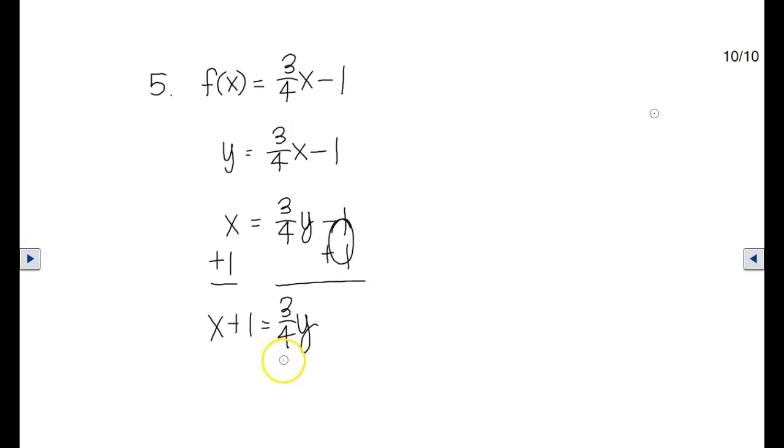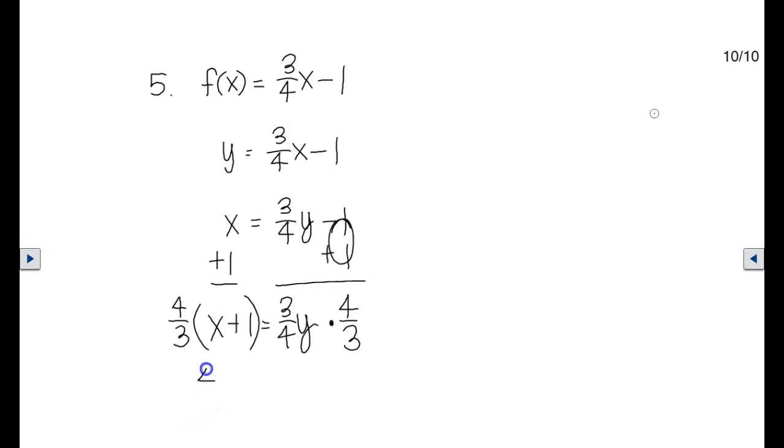And now, to get rid of that 3/4, this is where I would multiply by the reciprocal. So to get rid of 3/4, I'm going to multiply by 4/3. When you multiply by 4/3 on this side, you have to multiply all of it by 4/3, so I'm going to put that in parentheses.